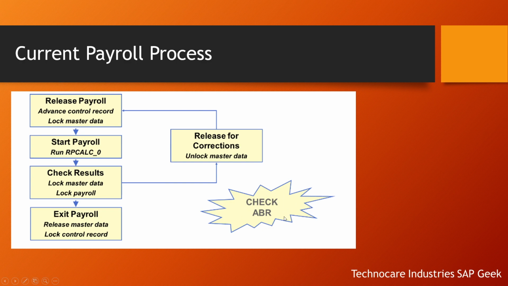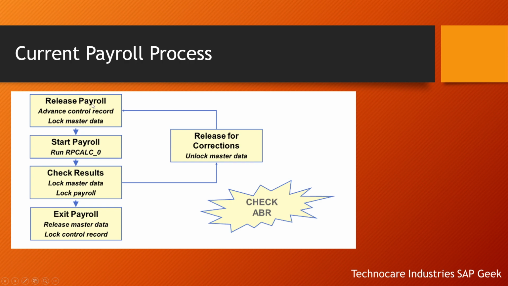This check ABR is a statement inside the payroll driver which controls the payroll run. It basically rejects the employees. It gives an error to the administrator stating that the control record is not in release for payroll.